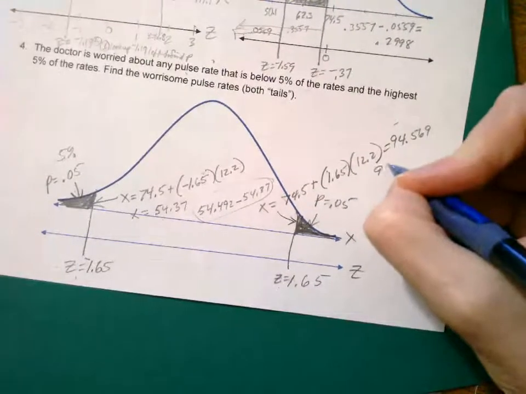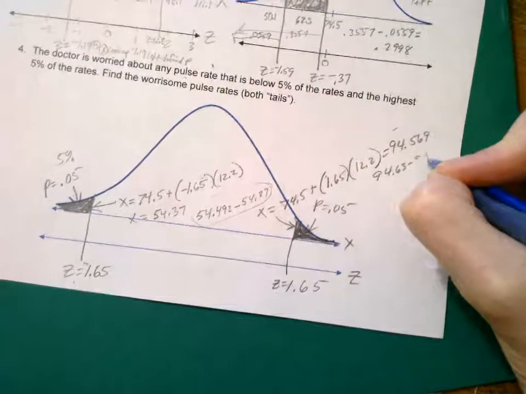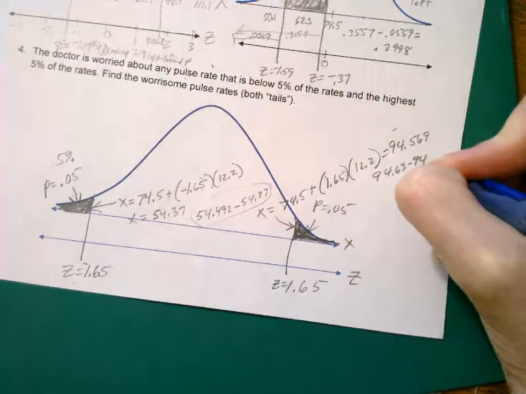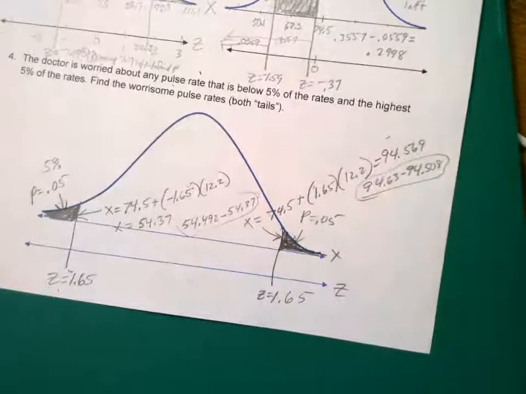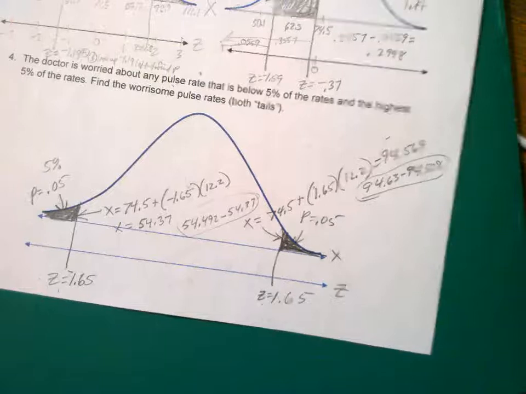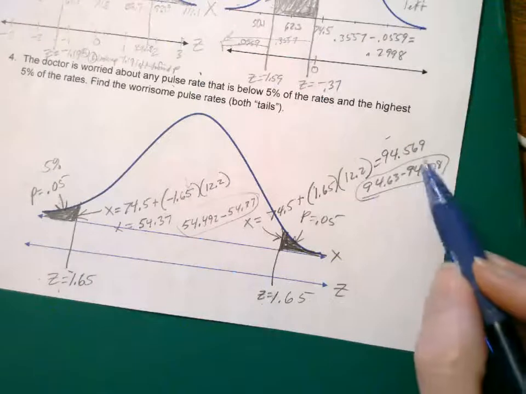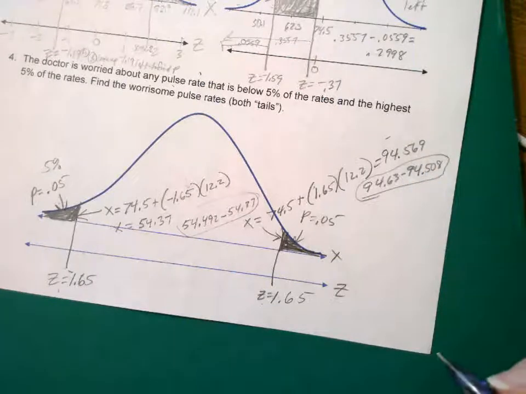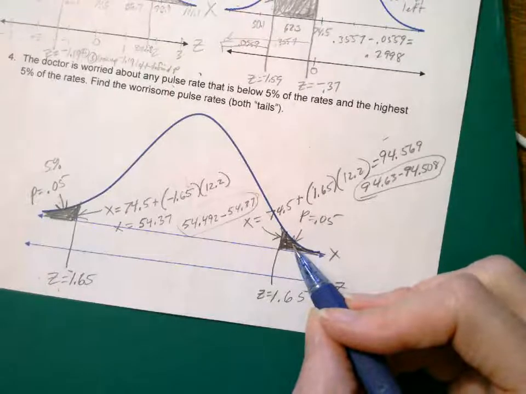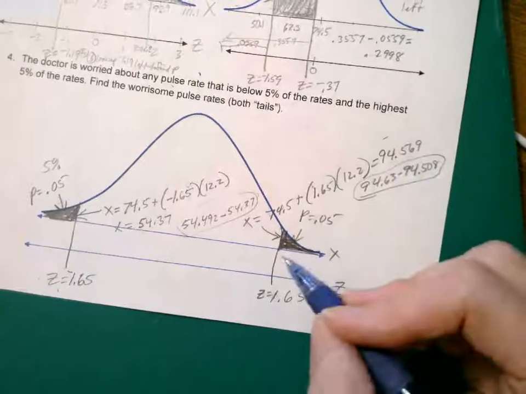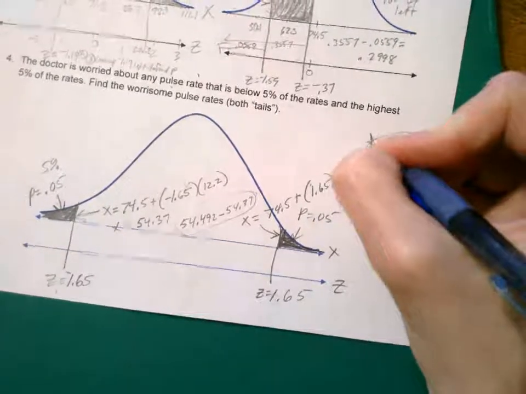Sometimes they will have a range built into the ALEKS answers, so they will take anything kind of in this range for that answer. That's a pretty big range. Mine's in the middle there somewhere. So basically, they're concerned about anybody over 94.5. So 94.5 is my final answer here.